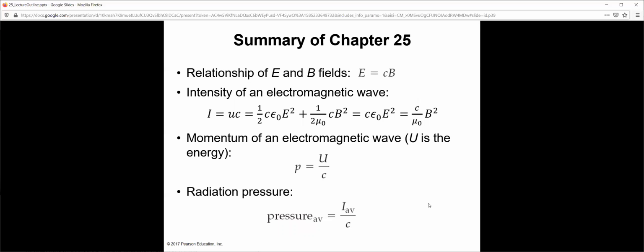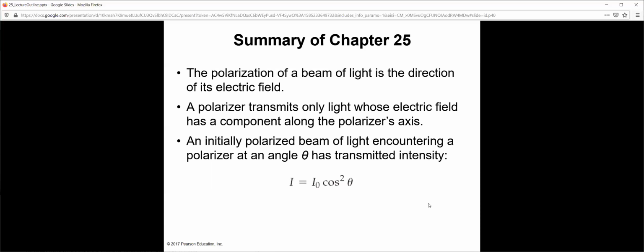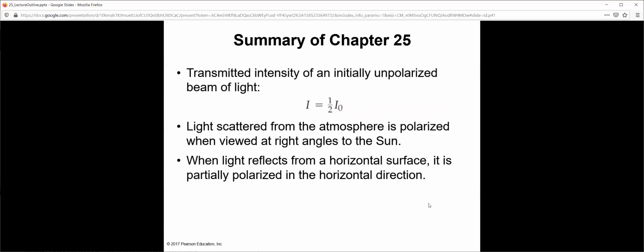You can use these relationships and these intensities to determine energy at a specific point. You can also use it with momentum and pressure. Again, we talked about literally sailing through the stars on waves of energy. And polarization is a thing that's cool.